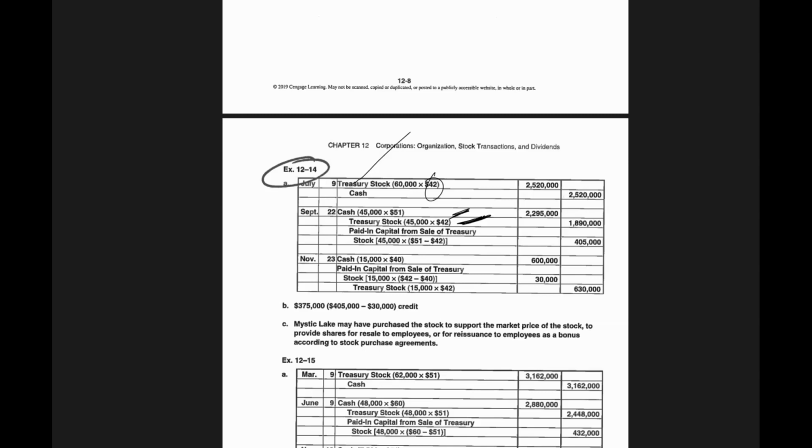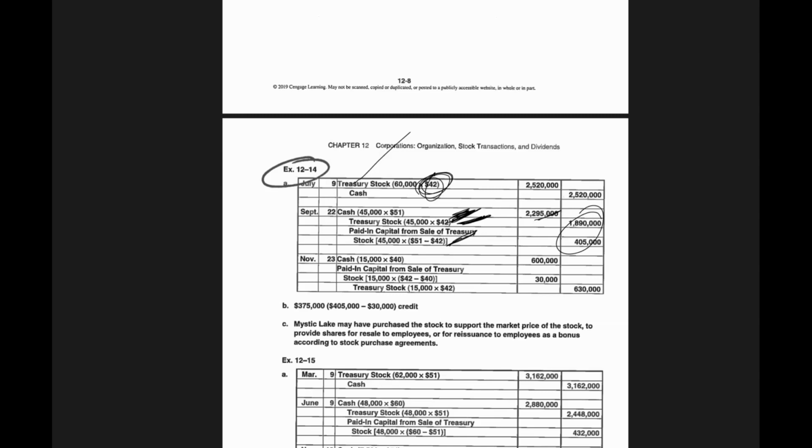Now this problem doesn't really tell you what the original par is. It'd be nice if they did that, just so that you realize that is not what we concern ourselves with. What we do is we look at what did we bring it in at, and that's what we credit the treasury stock for. Now we sold it for $51, so there is an excess there, which we will call paid in capital in excess of treasury stock, paid in capital from the sale of treasury. So the sum of those two is what we would credit to cash.